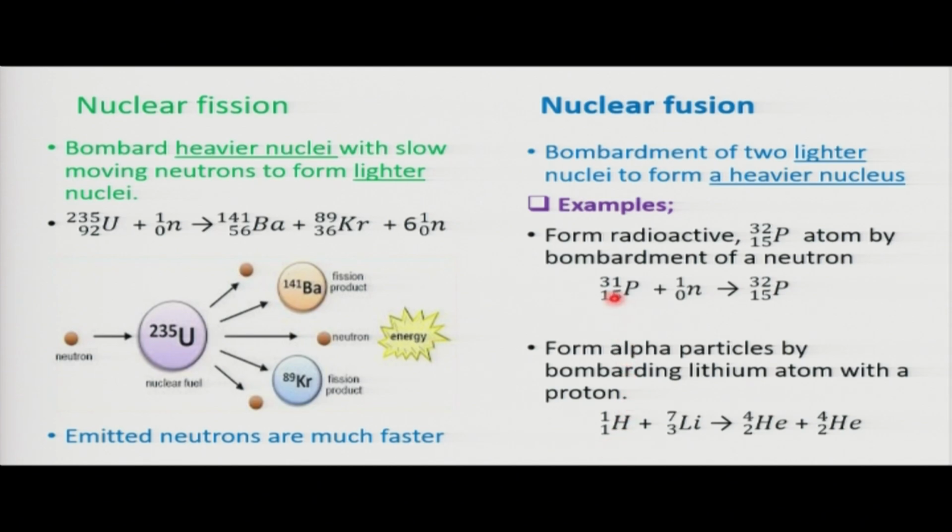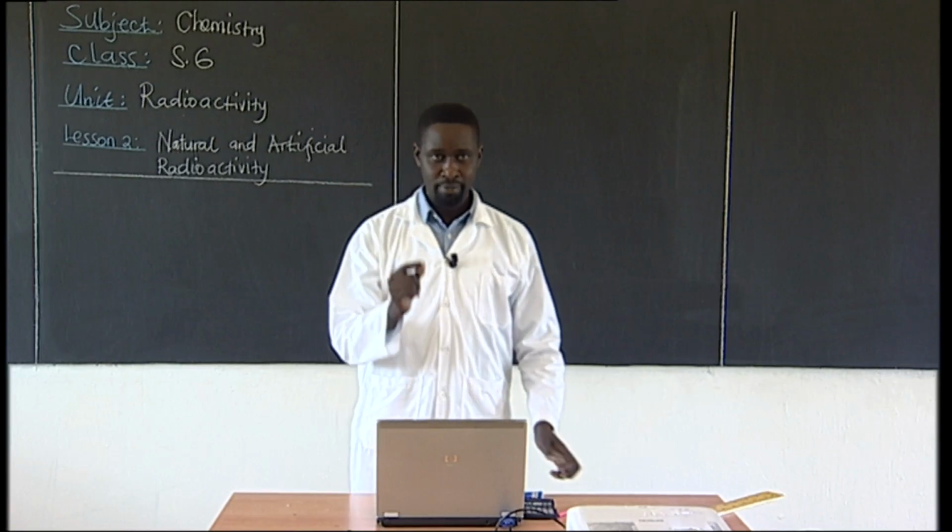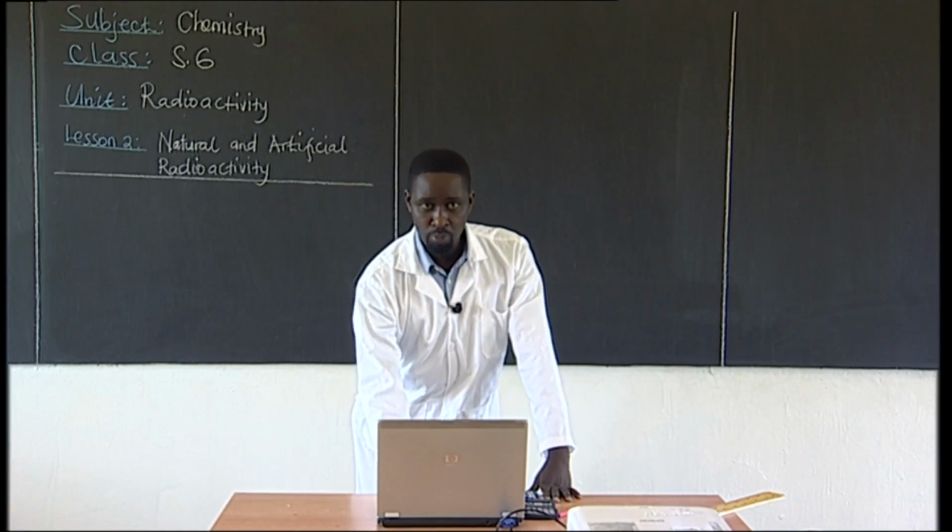If you get phosphorus-31, this is the atomic mass, and you bombard it with a neutron, you'll get the isotope now, phosphorus-32. It is still phosphorus, but now this is an isotope. Remember, isotopes have different mass number due to different number of neutrons, but the proton number is always the same. So this is the isotope of phosphorus being created.